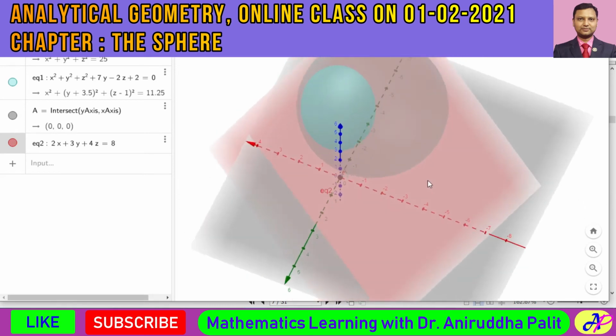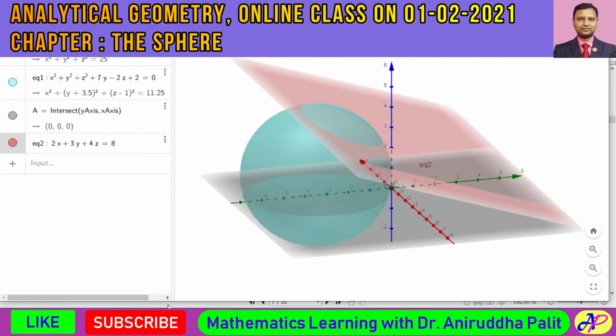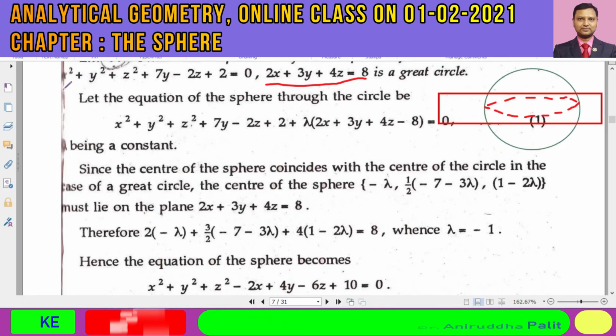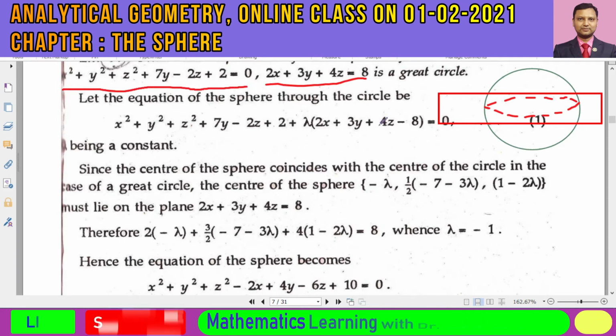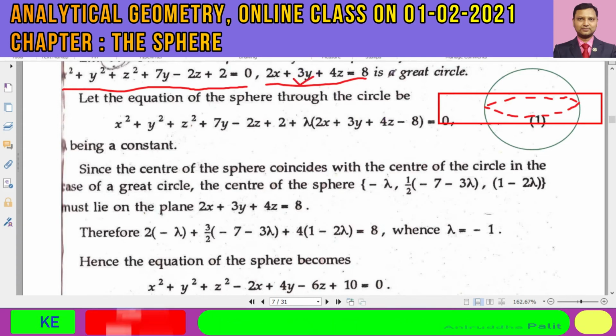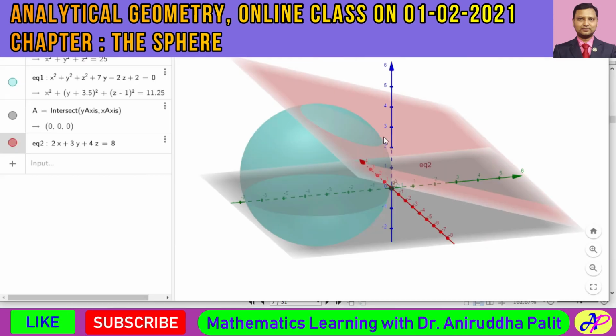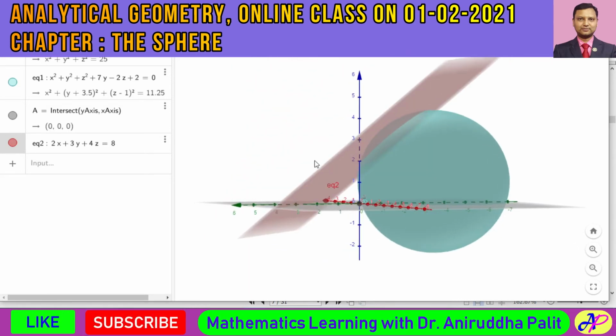This is the given sphere, the sphere given by the equation x square plus y square plus z square plus 7y minus twice z plus 2, along with this plane twice x plus 3y plus 4z is equal to 8. This is the required great circle, and we have to find a sphere such that this circle becomes a great circle.